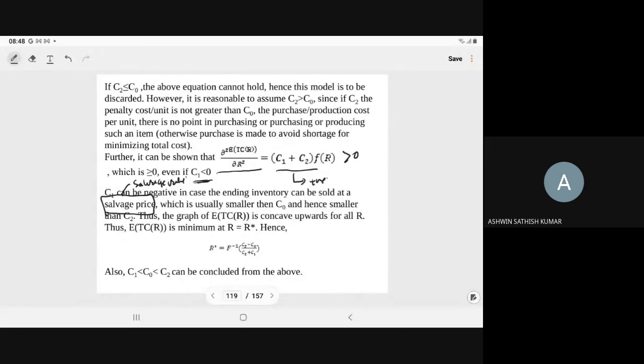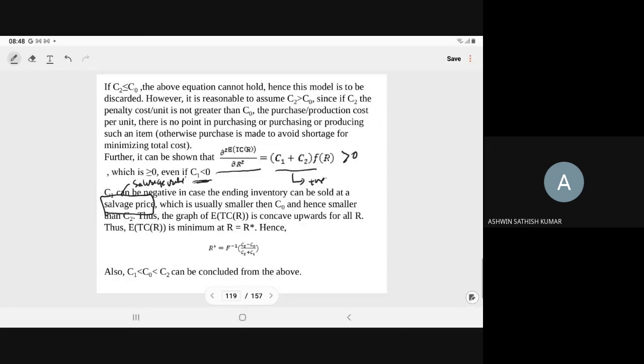Thus, ETC(R) is minimum at R star. Hence, R star is equal to F inverse of (C2 minus C0) upon (C1 plus C2). Here we have the graph of the ETC(R), with R star on the R axis.